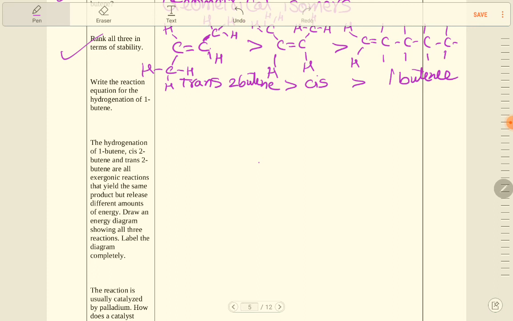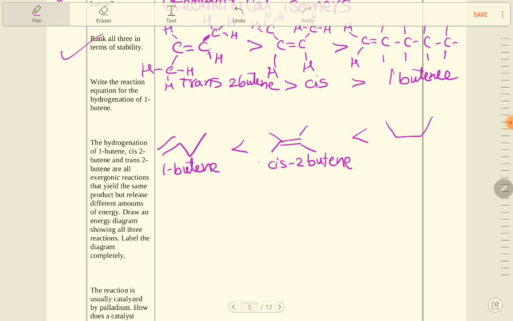So when you look at here, 1-butene is less stable than cis-2-butene, and then trans-2-butene.